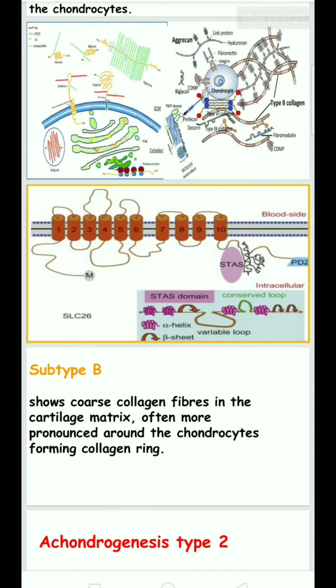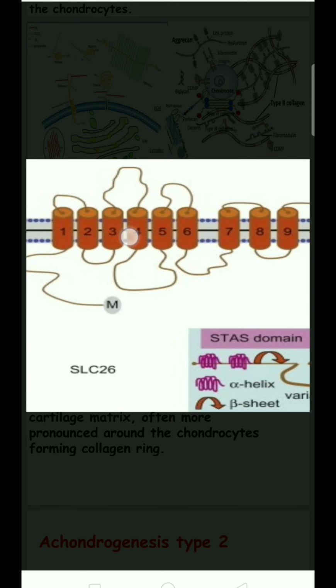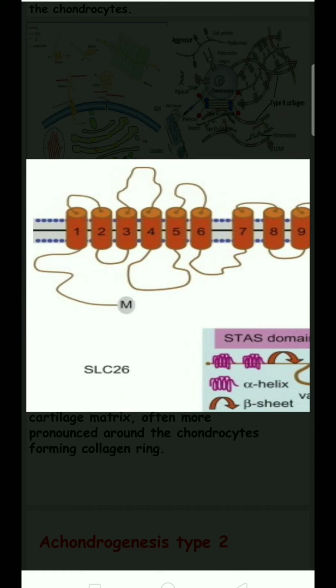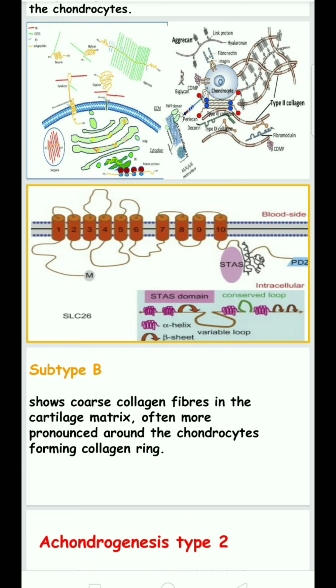In subtype B, there is a mutation in the transmembrane protein SLC26A2, the diastrophic dysplasia sulfate transporter, so there is deficient proteoglycan. As a result, coarse or rough collagen will be formed, because of the altered ratio in the extracellular matrix.